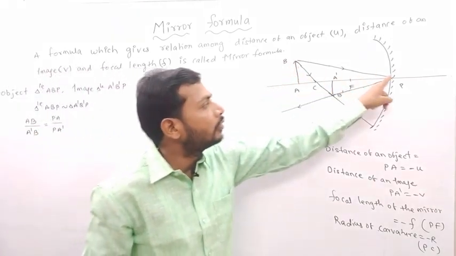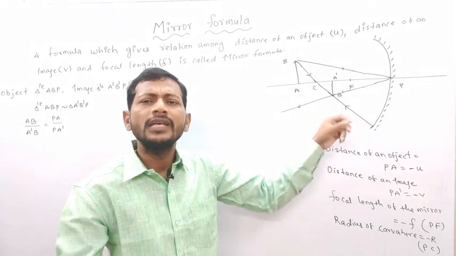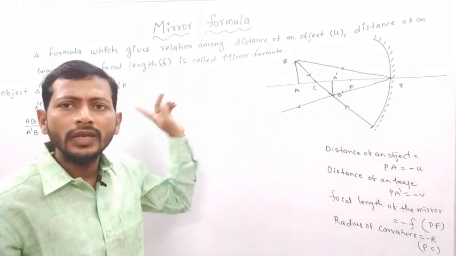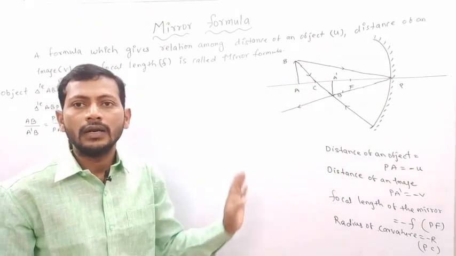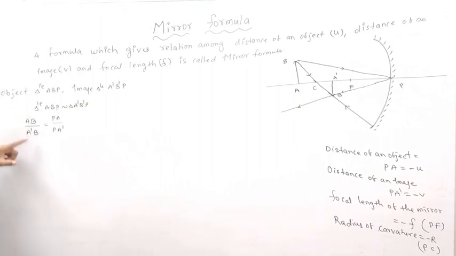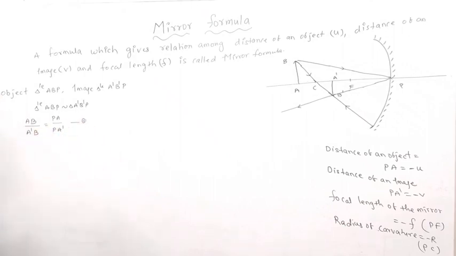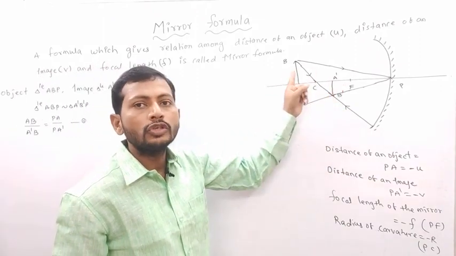Because we need no information about the hypotenuse, which is the light ray. We need the relation among U, V and F or capital R. That's why I have taken height by height equals base by base. Keep this as equation number 1, children. Second, you should go for object to mirror and image to mirror.